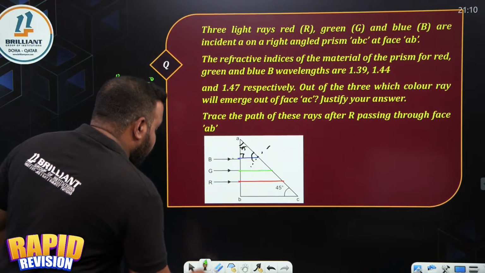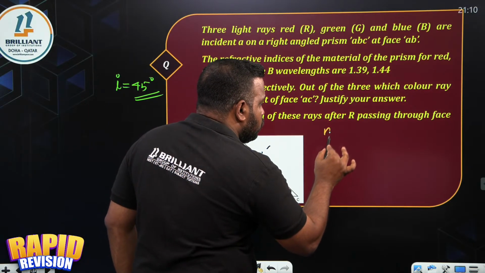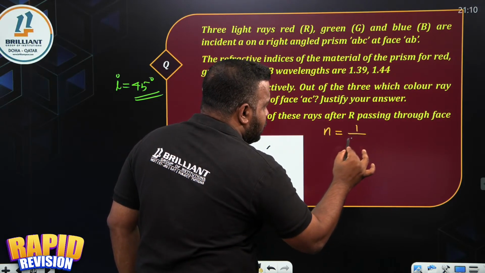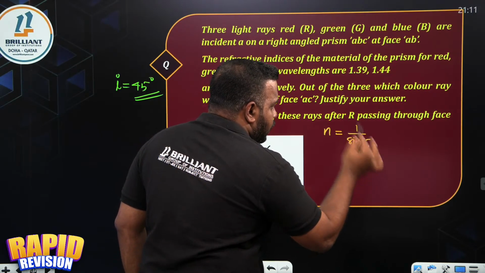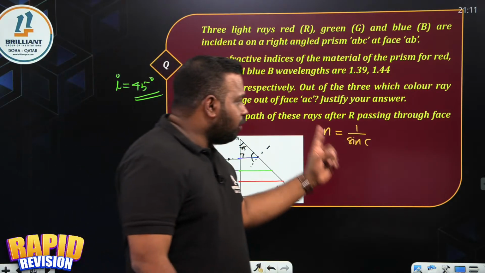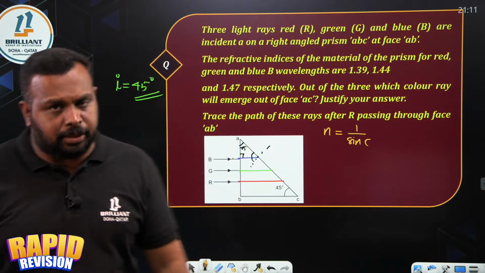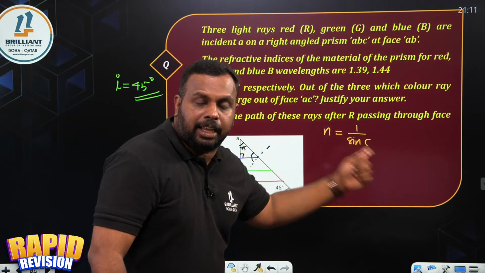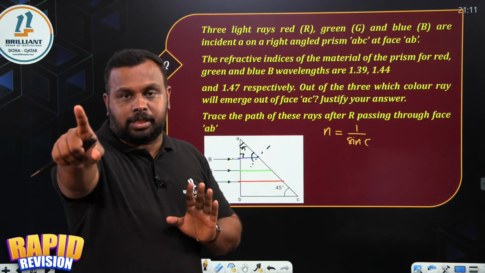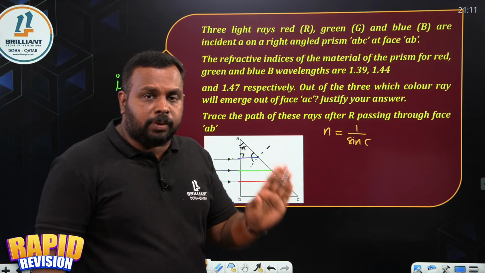What is the relation between refractive index and critical angle? n is equal to 1 by sine C. n is equal to 1 by sine C. My dear students, please note that refractive index and critical angle are inversely related. That means more the critical angle, less the refractive index. That point is clear? More the value of critical angle, less the value of refractive index.